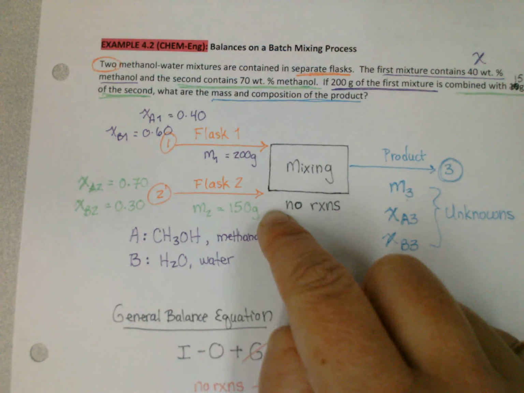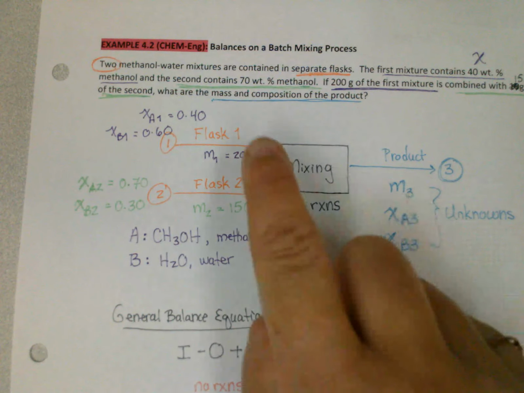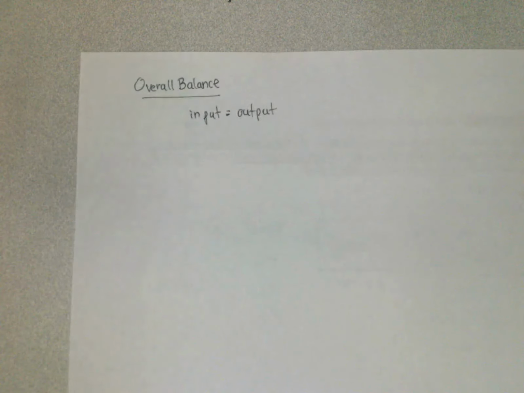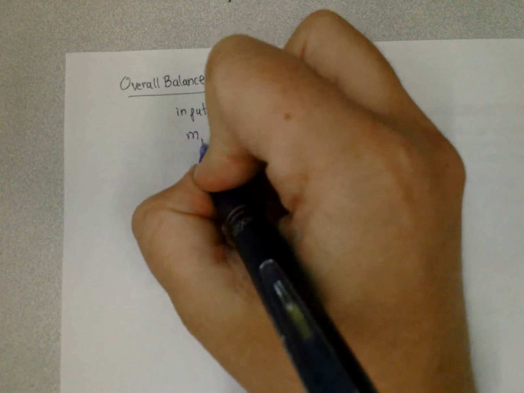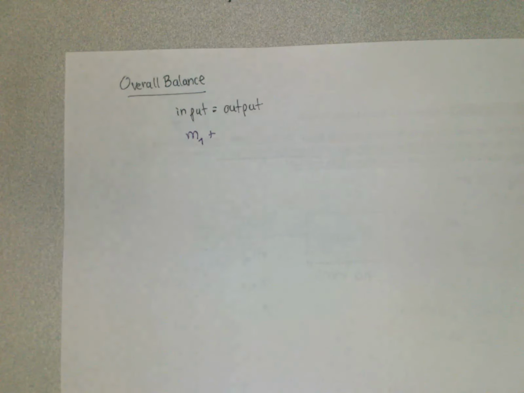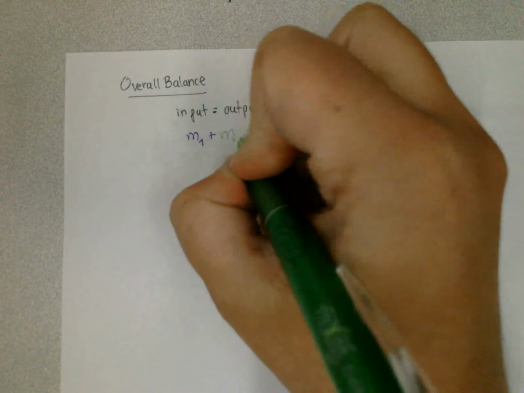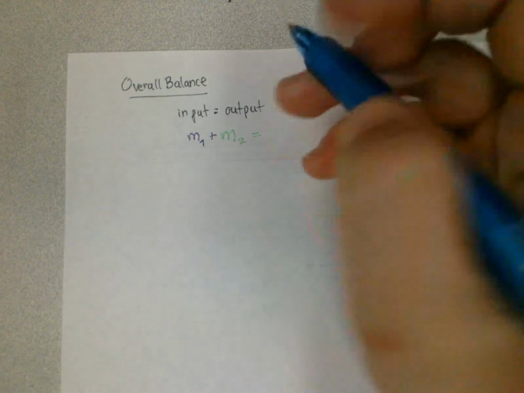We only have one output, that's mass 3. So if we have M1 and M2 going in and M3 coming out, the overall balance is as simple as writing M1 plus M2 equals M3.